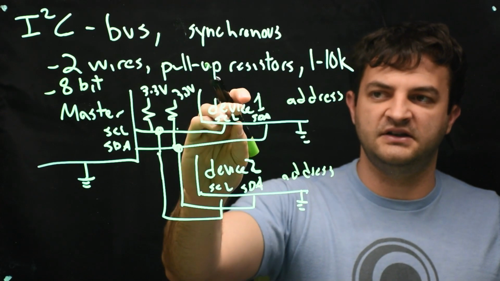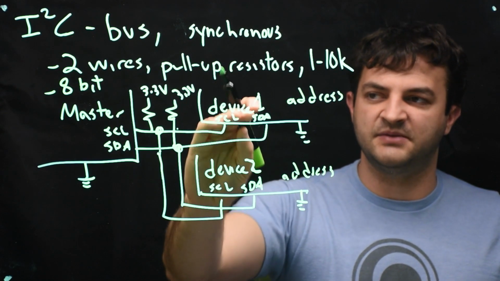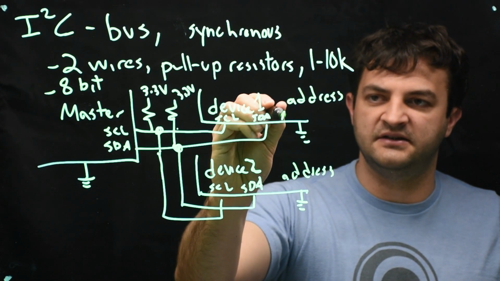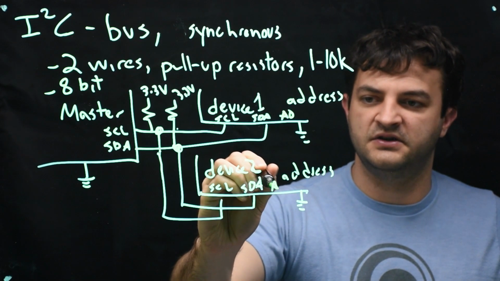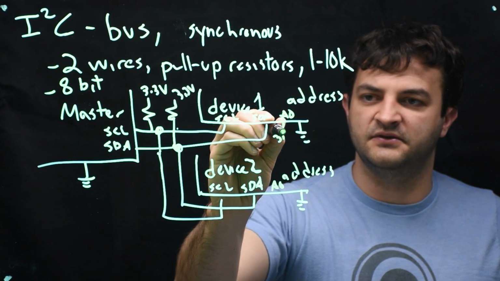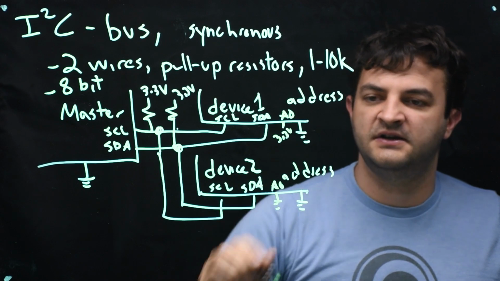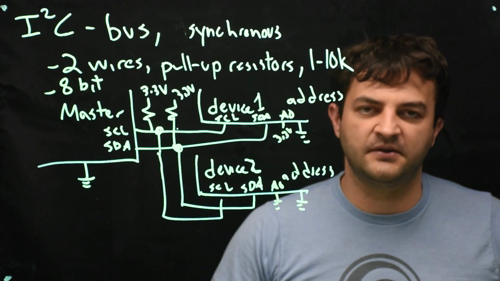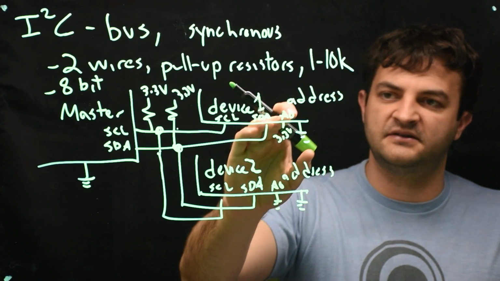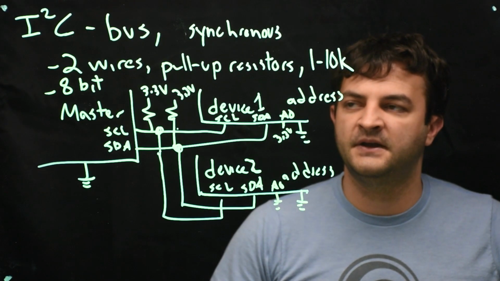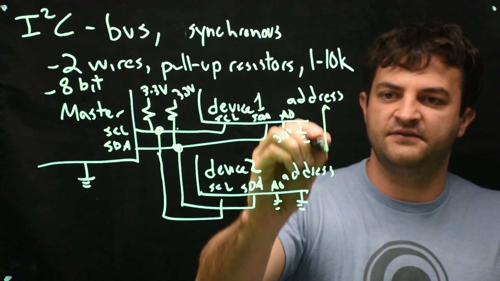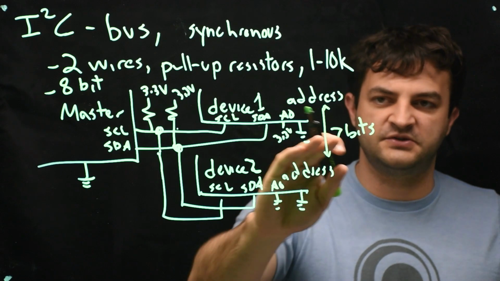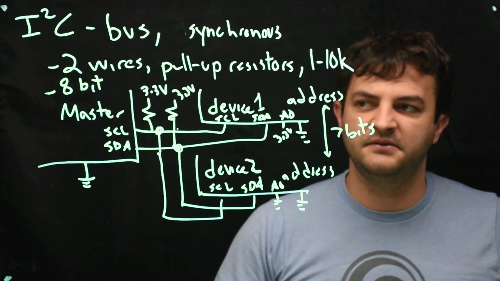So oftentimes, let's say you have two of the exact same chip talking to a master on the I2C bus, they will have individual pins called A pins, like A0, and we'll make one 3.3 volts and another one ground, so that the address of this chip is settable using some pins. So usually some bits of the address are fixed and some bits are settable. So the address is 7 bits, some of which might be fixed and others might be settable.